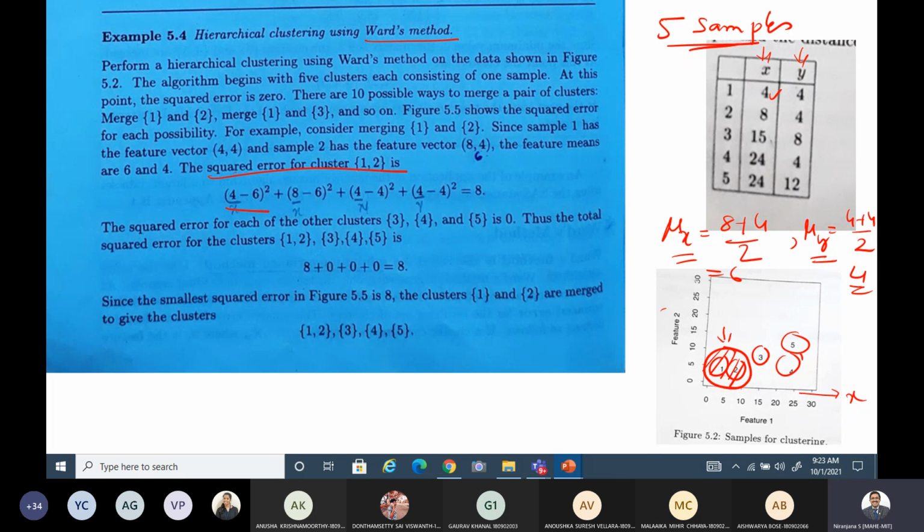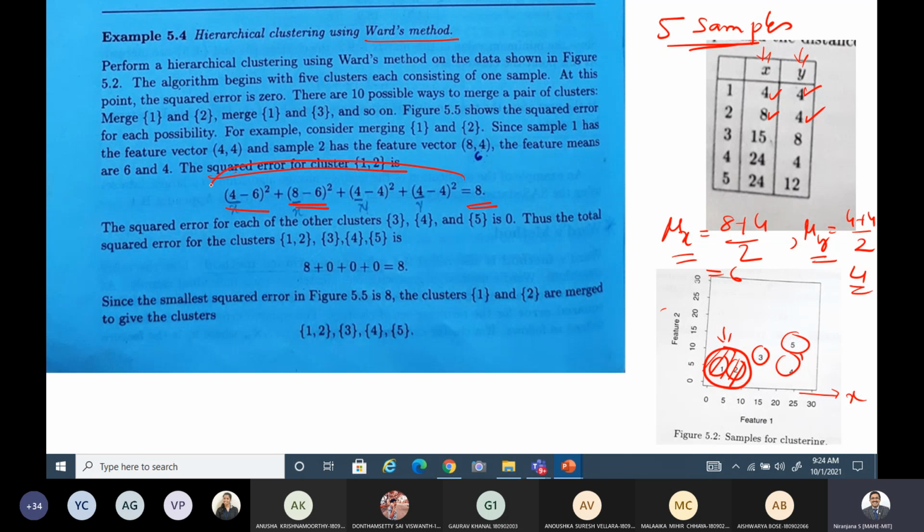Its mean is 6. 4 minus 6 whole square, 8 minus 6 whole square. Next comes y. It is away from the mean by 0 distance. That means 4 minus 4, 0, whole square, and 4 minus 4 whole square once again. So that does not contribute any error, right? But whatever it is, you find that the total error is 8.